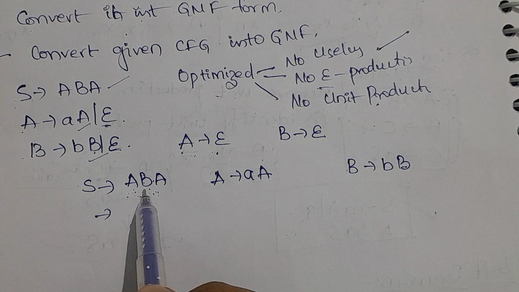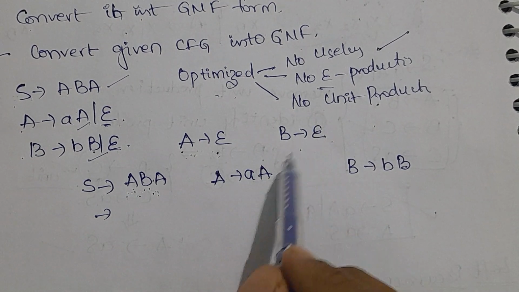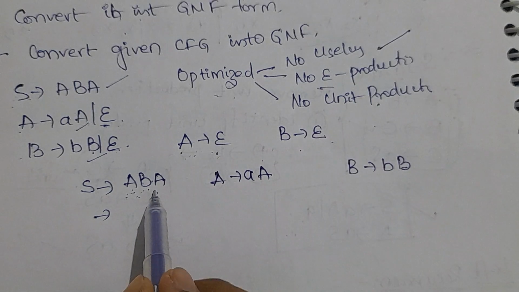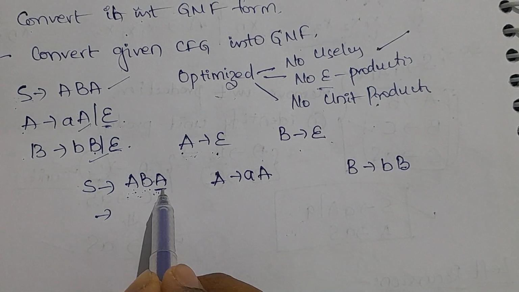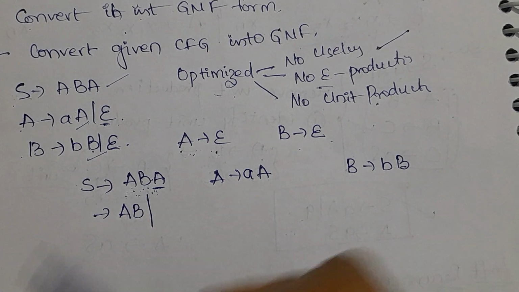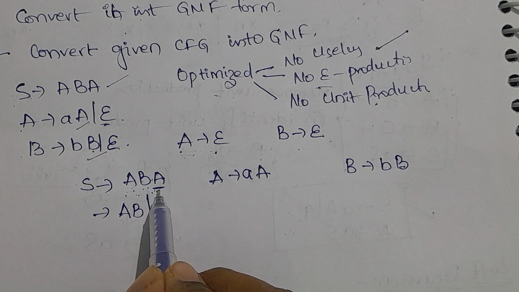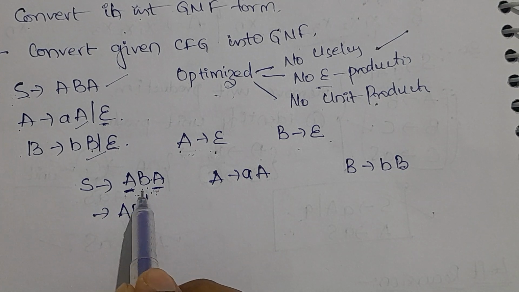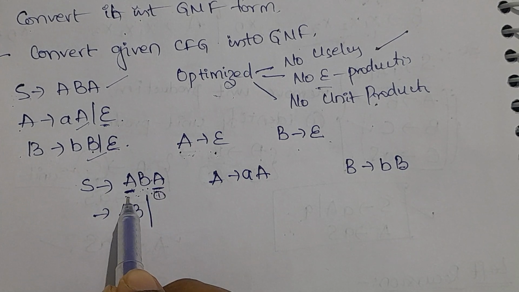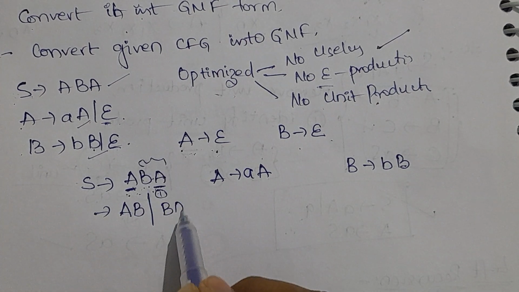Now, if you observe carefully here, we have three non-terminals under two terms. A and B are two terms, and both can be replaced with epsilon, right? There is a possibility that only A can be replaced initially. Hence, AB is the result, right? If this A is replaced with epsilon, what will be the result? BA, no? Right?